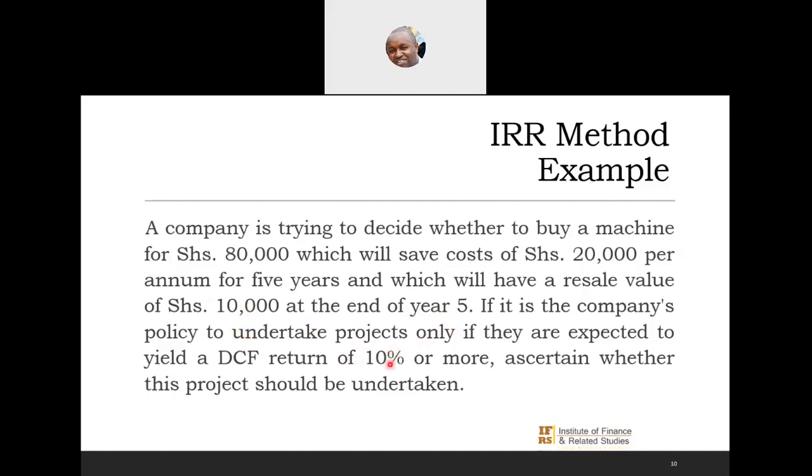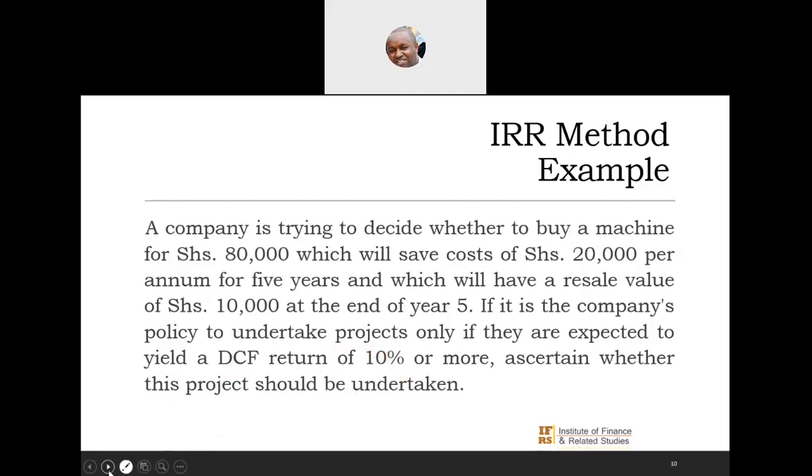Now, this company can only accept projects if the discounted cash flow return, DCF, is more than 10%. And we are asked to ascertain using IRR whether to accept or reject the project.